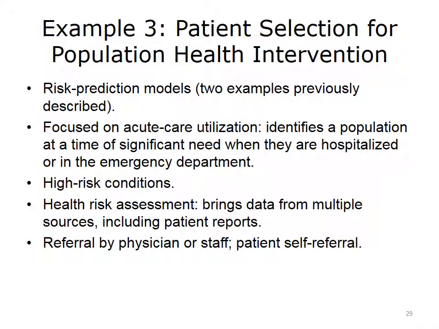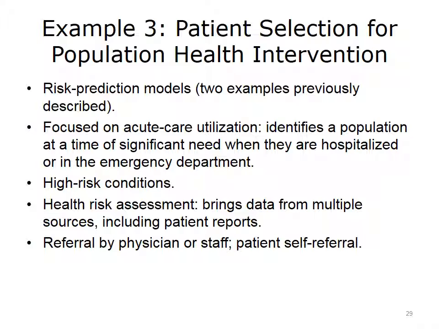So we've looked at 2 examples of using risk prediction models to select patients for population health intervention. Another way to select patients is through an acute care utilization focus. This is done by identifying patients when a significant need occurs, such as a hospitalization or an emergency department visit. Or we could focus interventions on patients with a particular high-risk condition, such as diabetes or chronic renal failure.